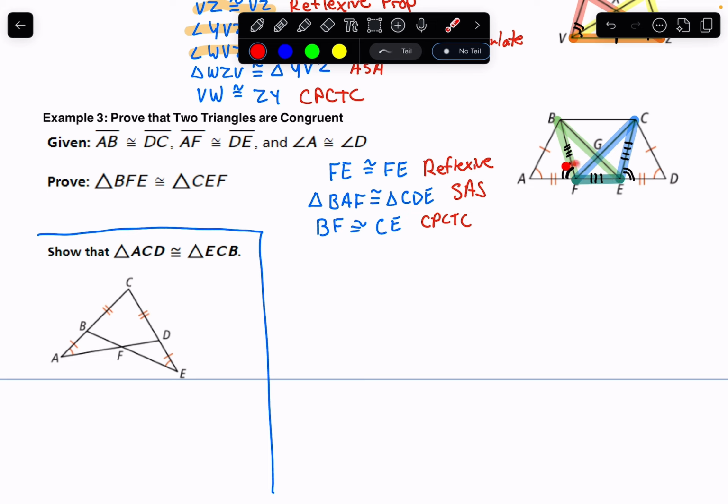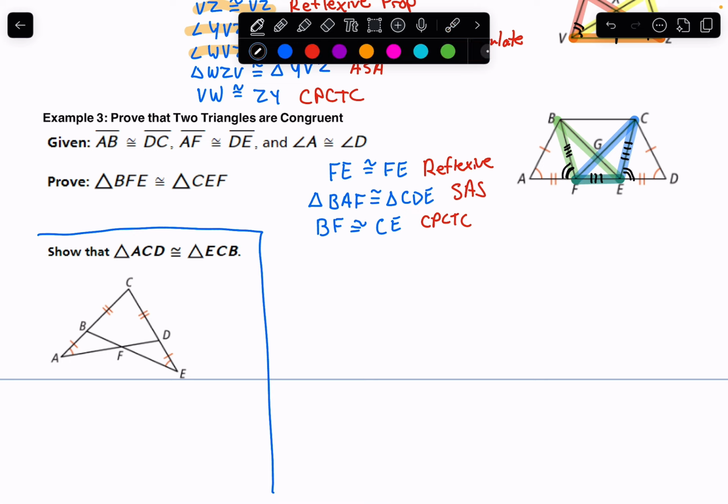So angle BFA makes a linear pair with angle BFE, which is part of the triangle I'm looking for. And angle CED makes a linear pair with CEF, which is part of the triangle I'm looking for. So both of these are supplementary. Both of the interior angles are supplementary to the same angle out here. So that means BFE and CEF have to be the same, okay?